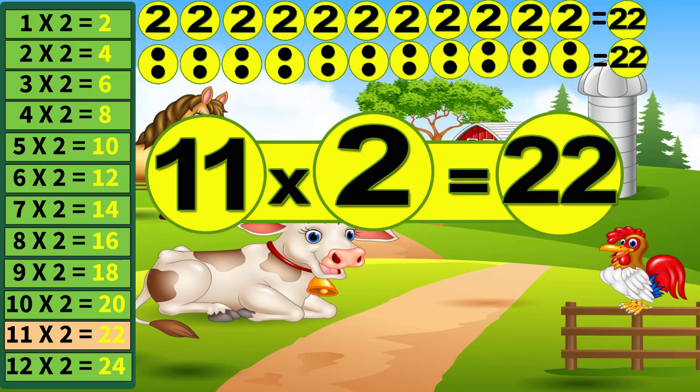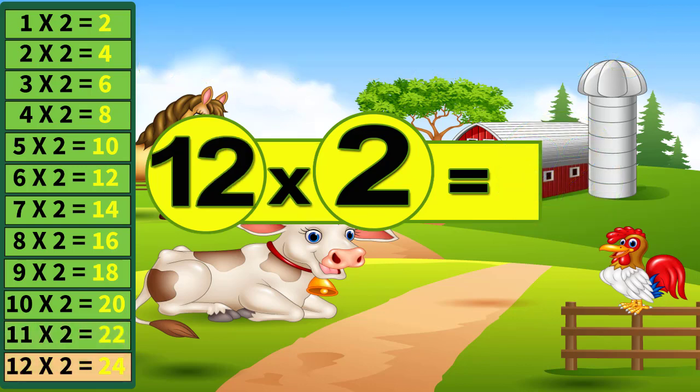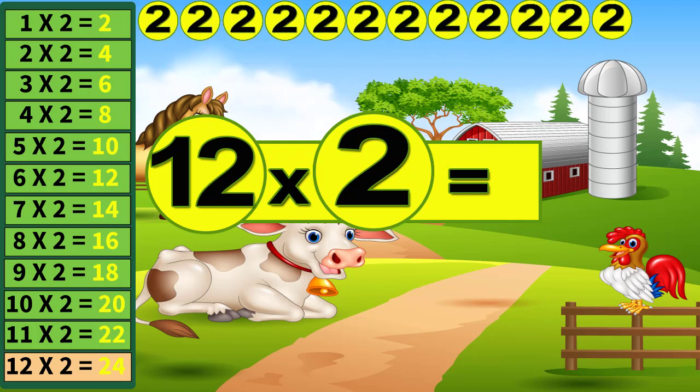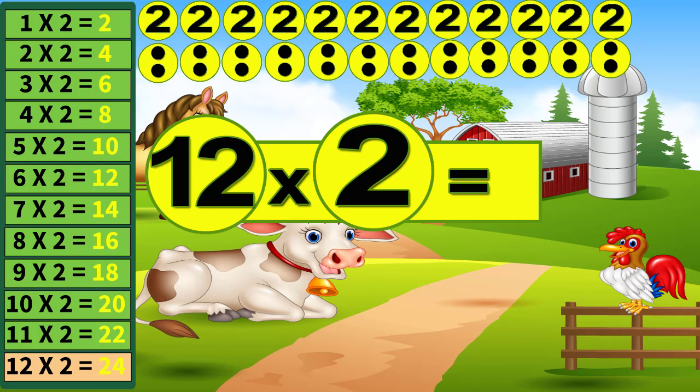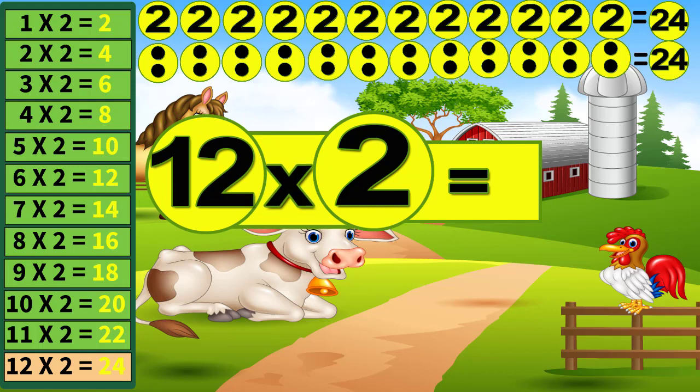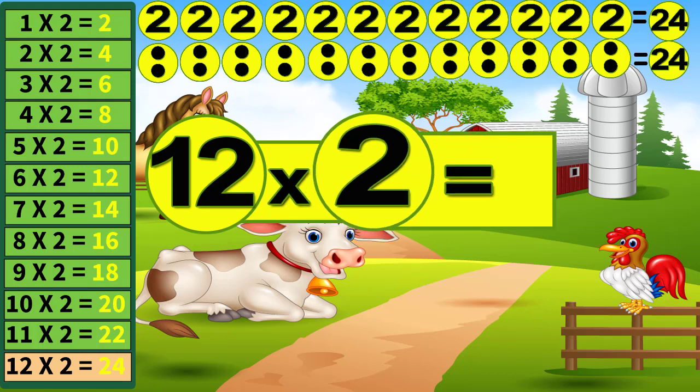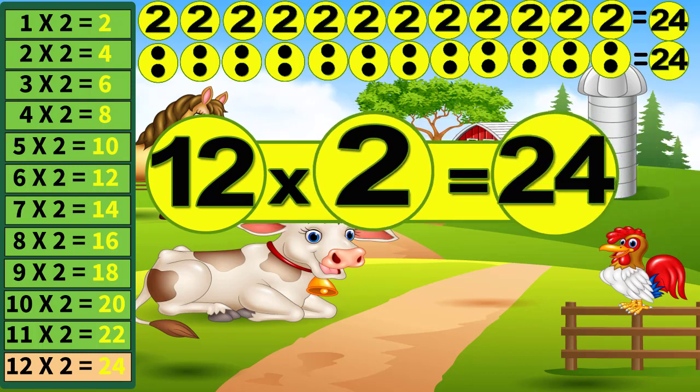Cool! And the last one is 12 times 2. Times meaning 12 of. So, we add all the 2's together, and we have 24. So, 12 times 2 equals 24. That was fun!